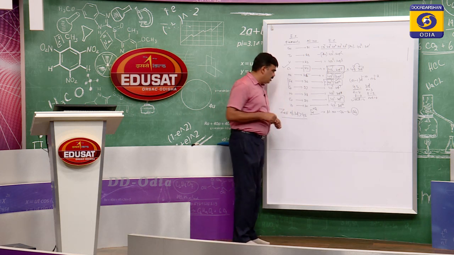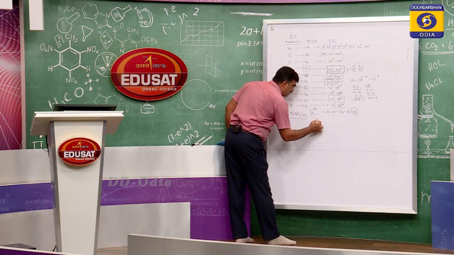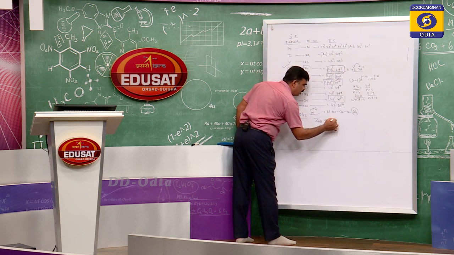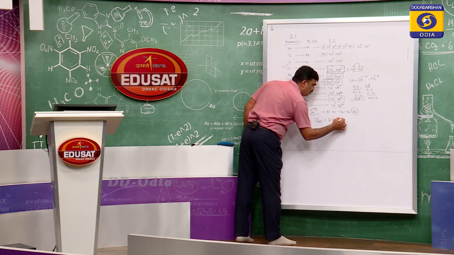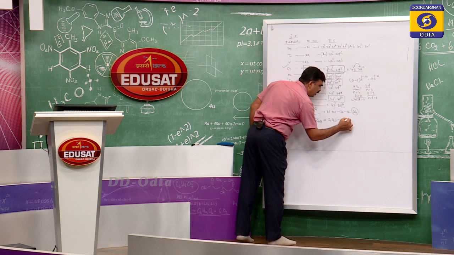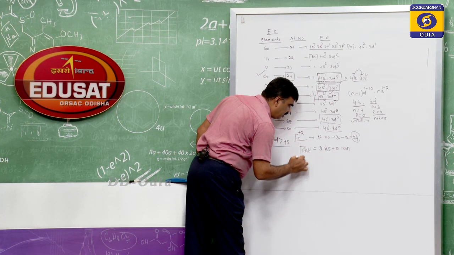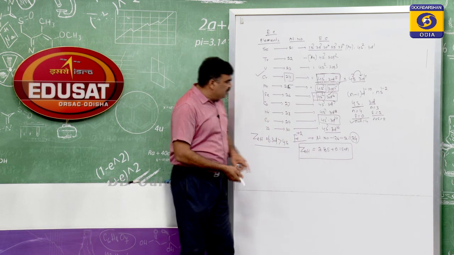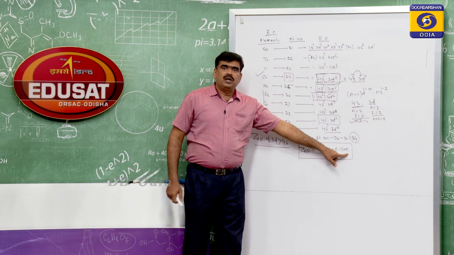Remember one trick, the effective nuclear charge of transition elements increases with this order: 2.85 plus 0.15 into n. Remember this formula, very important. n means the number of d electrons.